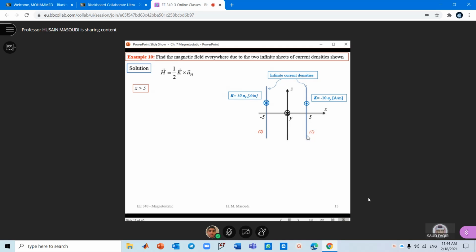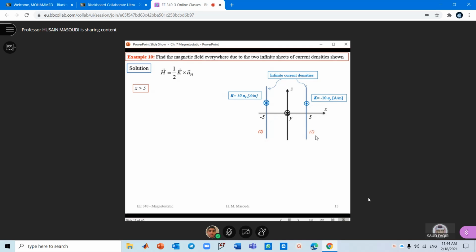Okay. Along the magnetic field, and it will be 0 from the cross. Which one is going to be 0? Now, how to solve for both of them? Are you solving for this one or this one? Yes, first at the right side, minus 10 over 2 K AY cross AX. Are you solving for this sheet or this sheet?